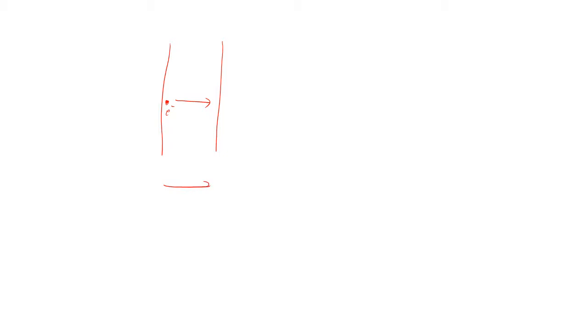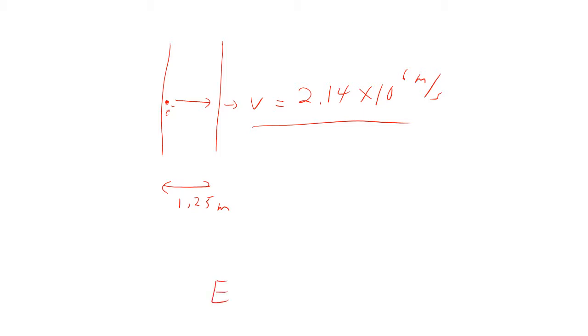Let's say the separation between the two plates is 1.25 meters, and I want the velocity when it hits the other metal plate to be 2.14 times 10 to the 6 meters per second. So I want to know the direction and magnitude of the electric field between those plates such that it hits with that velocity. That's what I'm after: the direction and magnitude of E.